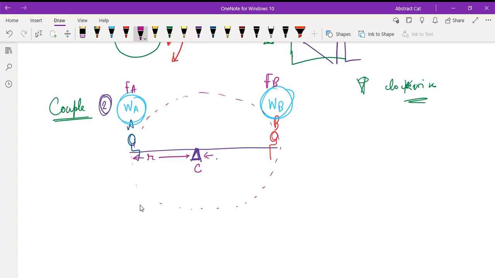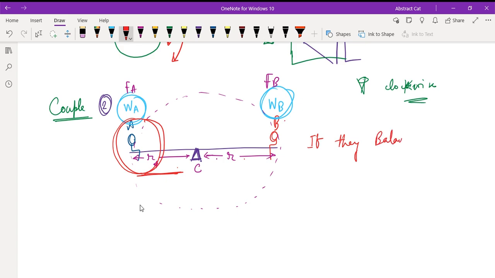Suppose it is r1, a distance not similar to r. If we take this direction times this, and these times these, both are equal if they are in balance, or equilibrium.